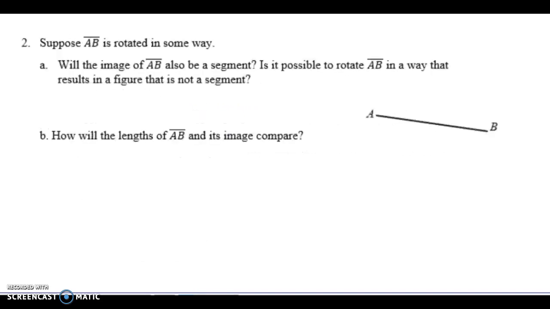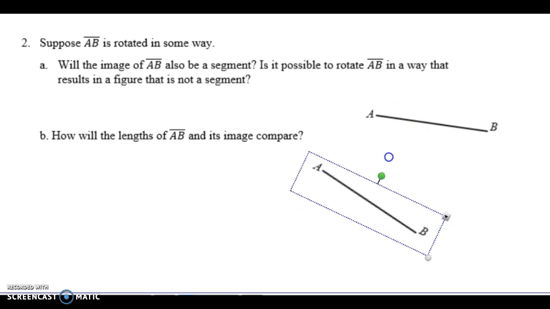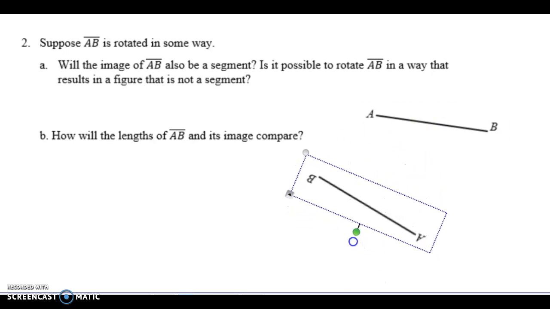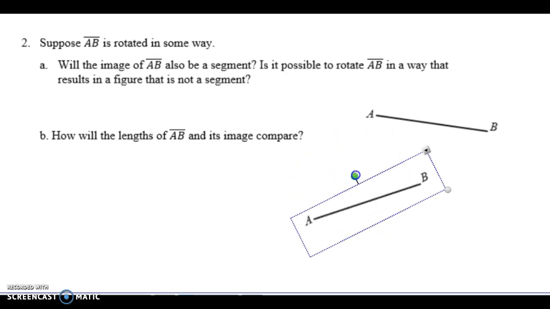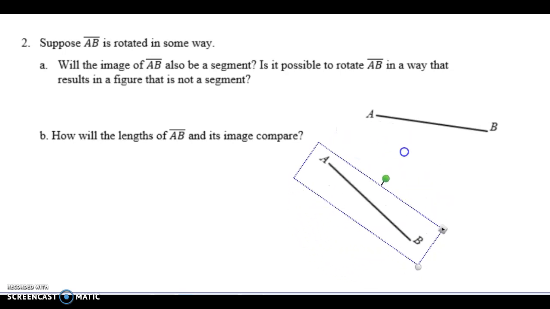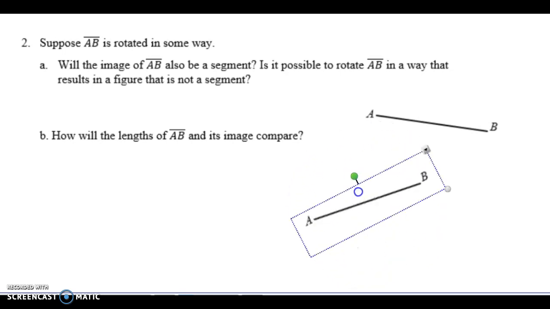Okay, the next one, we are going to be talking about that line segment again, but now rotation. So if we take this line segment and we rotate it, is it possible to rotate this in a certain way that will result in a figure that is not a line segment?